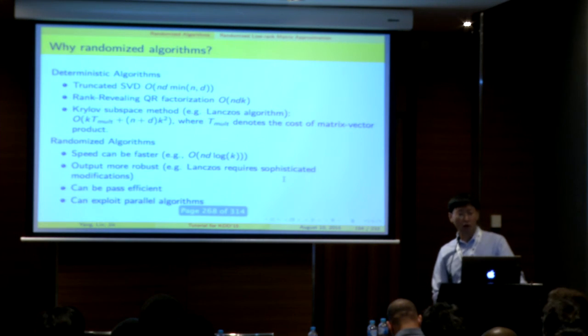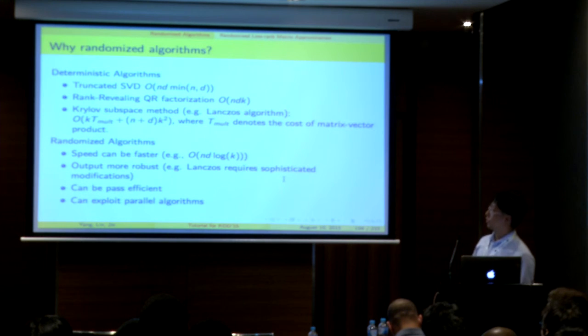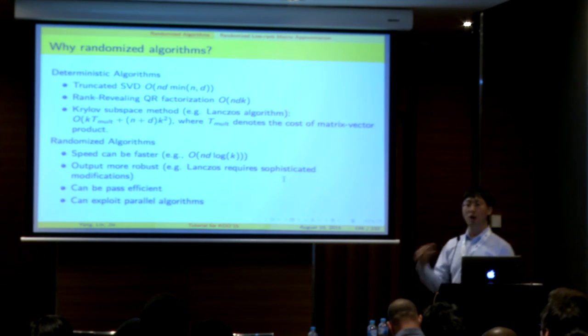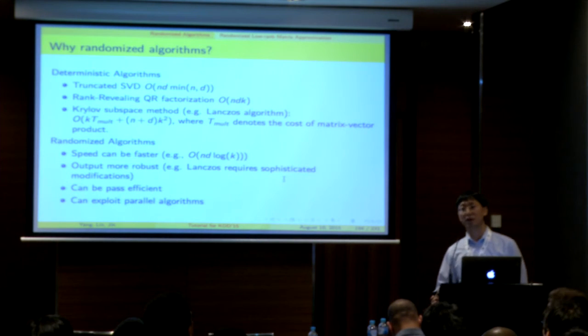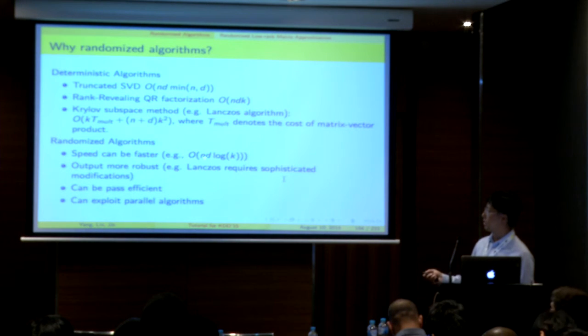Compared with these deterministic algorithms, the randomized algorithm enjoys several benefits. For example, speed could be much faster. Later on, you will see that when we apply the randomized Harmonic transform, let's say we have a dense matrix X, the computational cost could be as fast as n times D times log of K. Compared to the rank revealing QR factorization, the reduction could be significant if ND is very large.